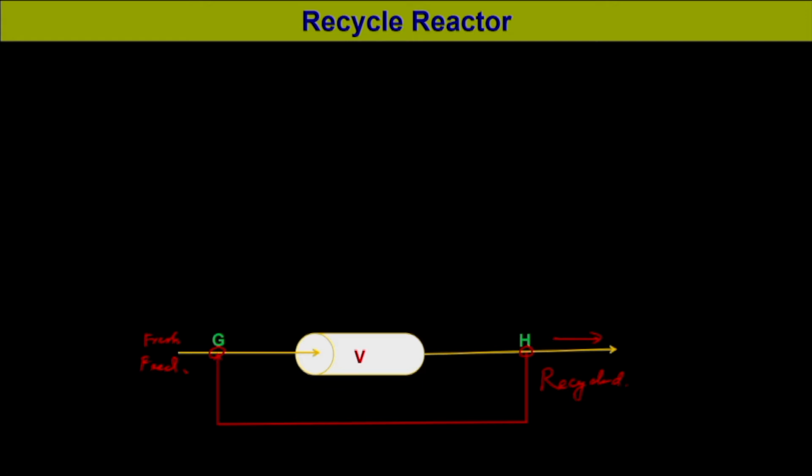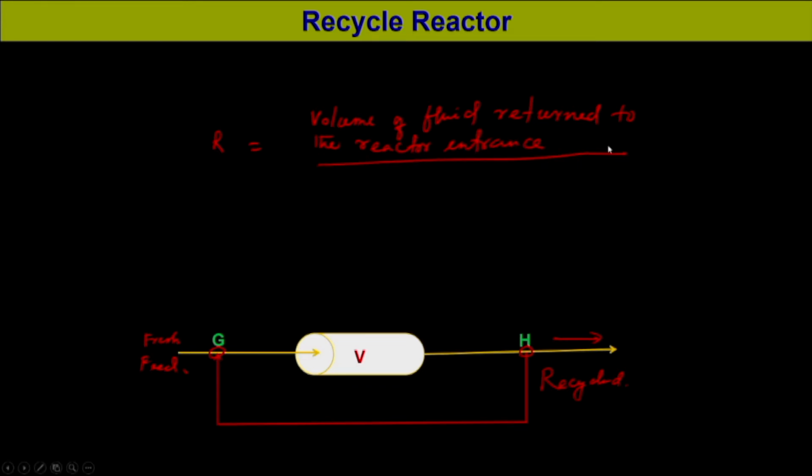So, the recycle ratio R is defined as the volume of fluid returned to the reactor entrance divided by the volume of the leaving stream.